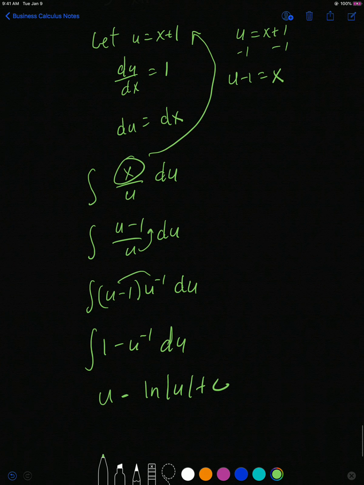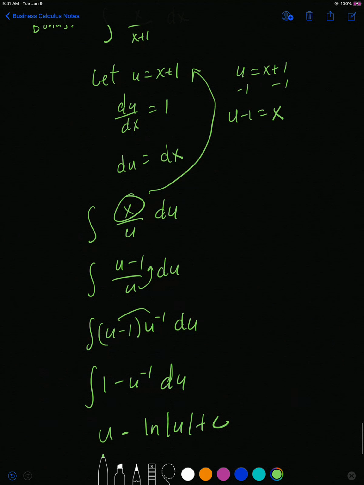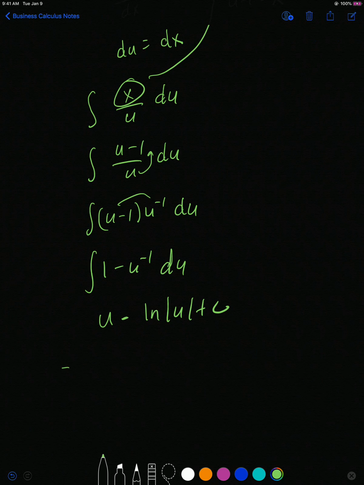Of course, u equals x plus 1, so this is x plus 1 minus ln absolute value of x plus 1, plus c. And there's your bonus question. Good luck.